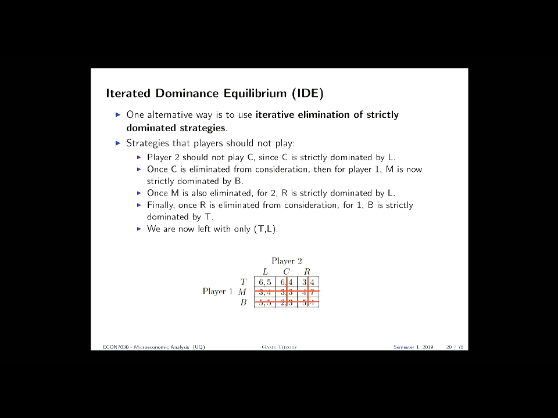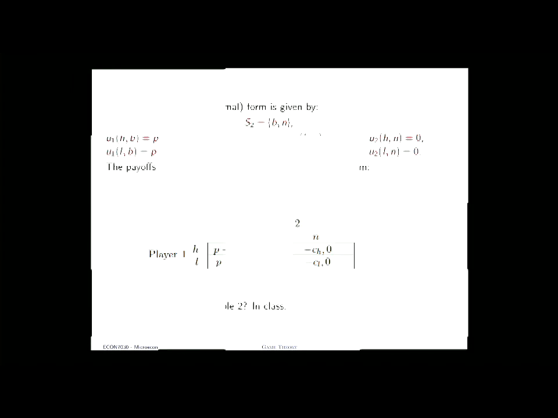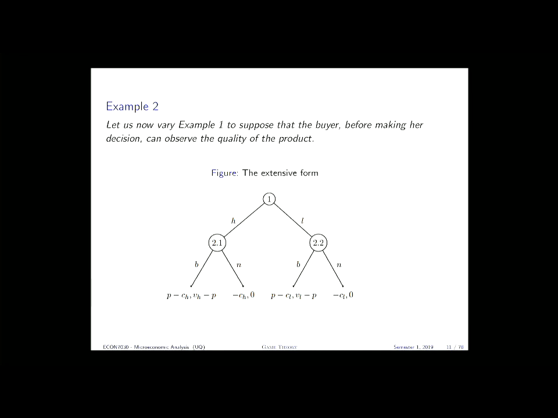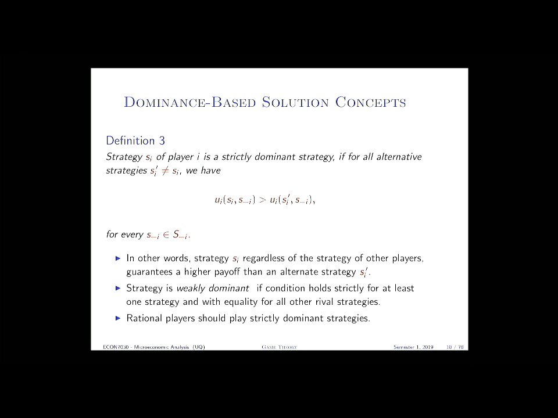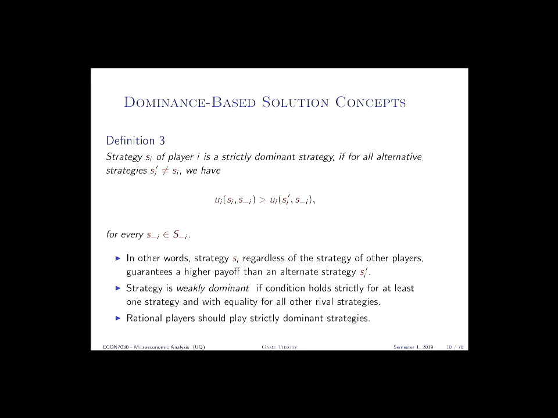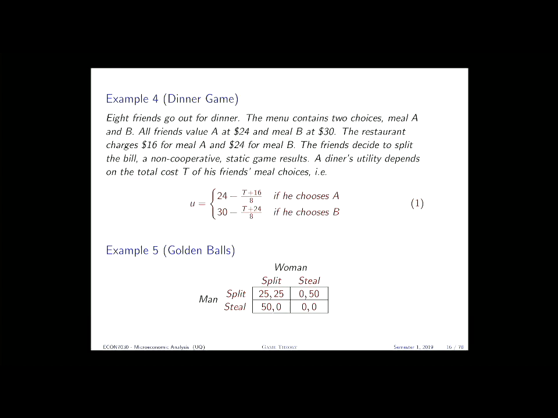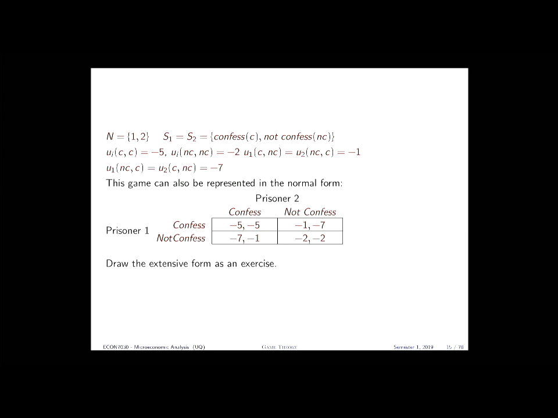Therefore, for instance, we said the dominant strategy equilibrium of this game is C. What was the dominant strategy equilibrium of... Oh, this one didn't have any. For example 3, it was CC. This is example 3. Okay?